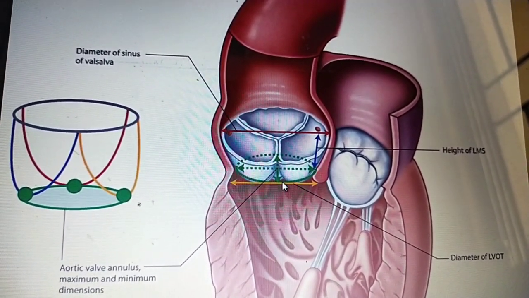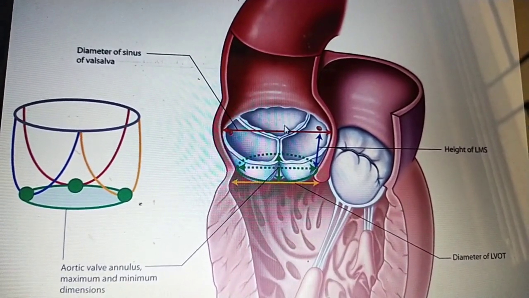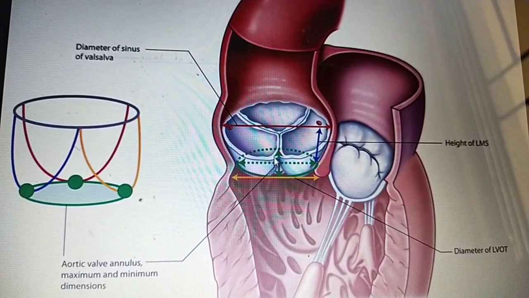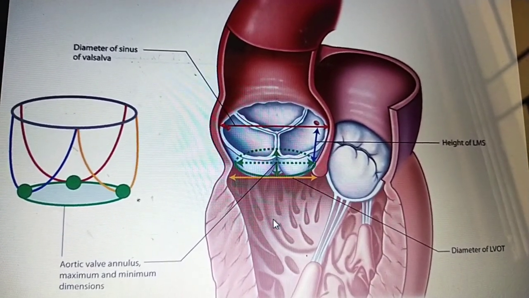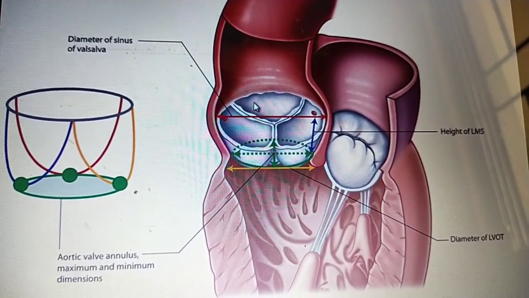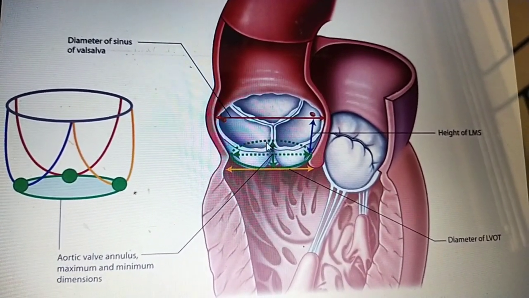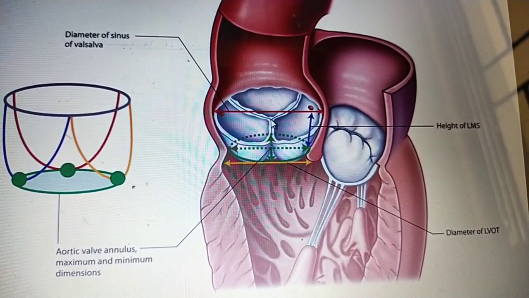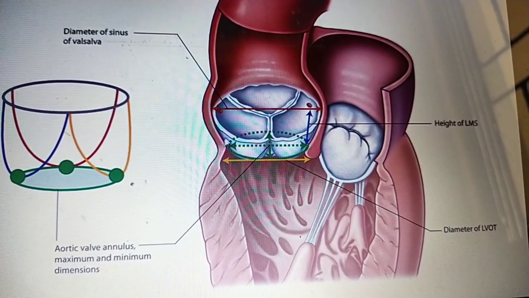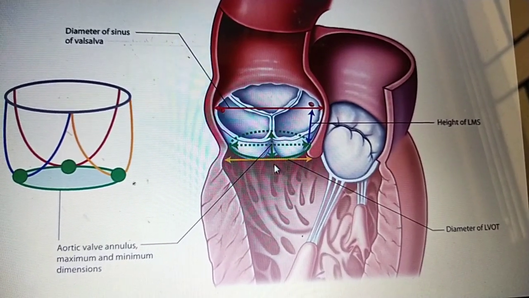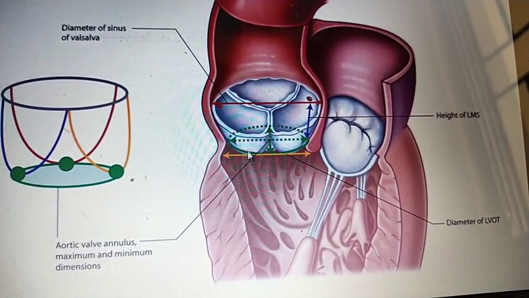It is present just above the left ventricle and bridges the left ventricle and the ascending aorta. These are the leaflets or cusps of the semilunar valves, and these cusps are held at the orifice of the aorta by an annular ring.